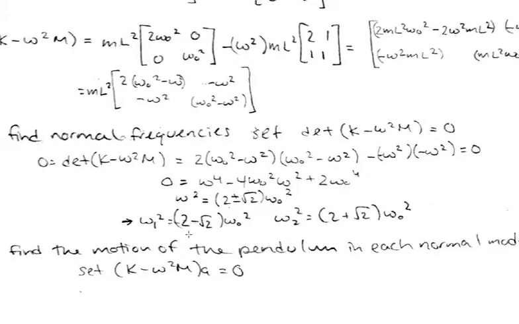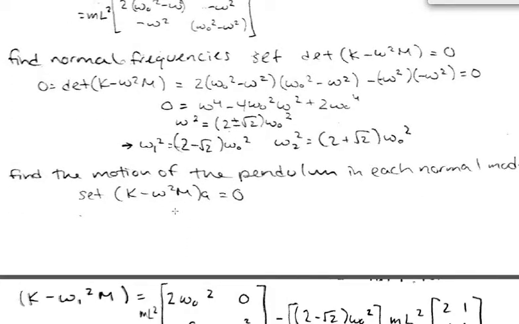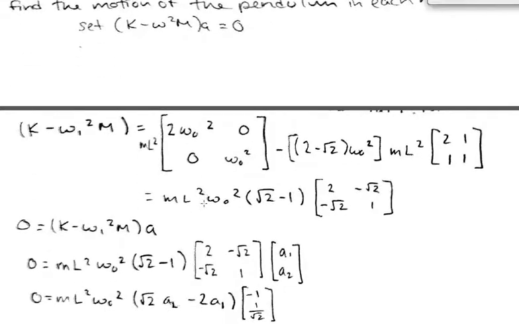Omega 1 squared is 2 minus radical 2 times omega naught squared, and omega 2 squared is 2 plus radical 2 times omega naught squared. And now to find the motion of the pendulum in each normal mode, you set K minus omega squared M times your A constant equal to 0.